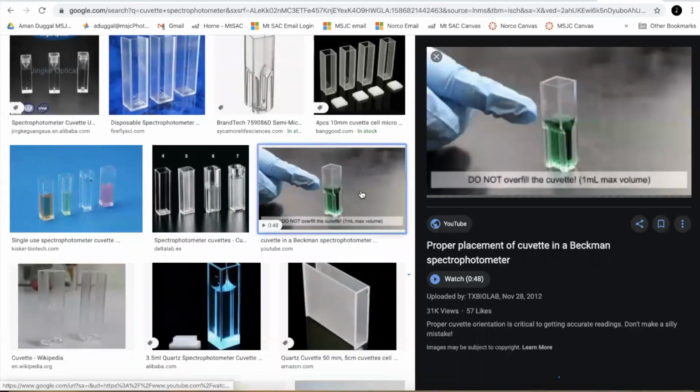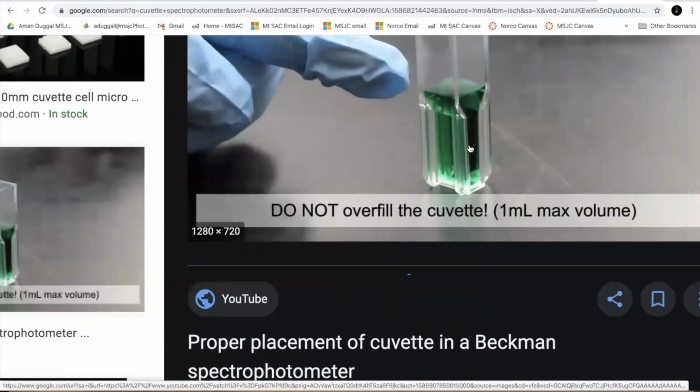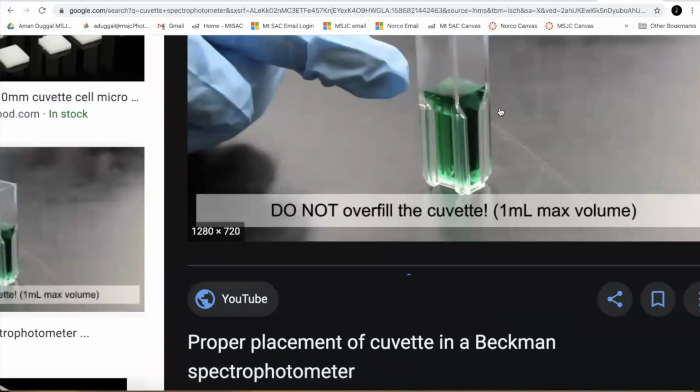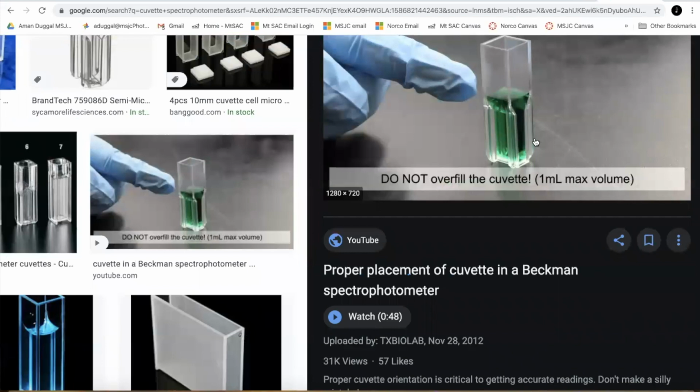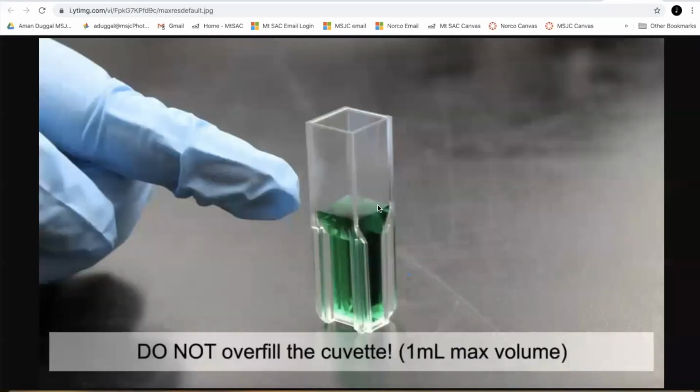You see how we place this cuvette into the spectrophotometer is going to make a difference. Let me see if I can copy this so I can draw. Okay, so you see how this is the clear portion and this is not the clear side.